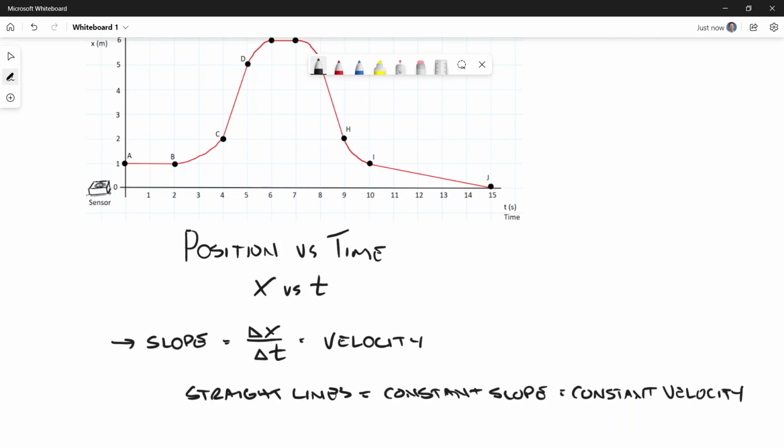However, we've now learned about the idea of changing velocity, also called acceleration. If we see spots in the graph where there are curved lines, curved lines indicate changing slope.